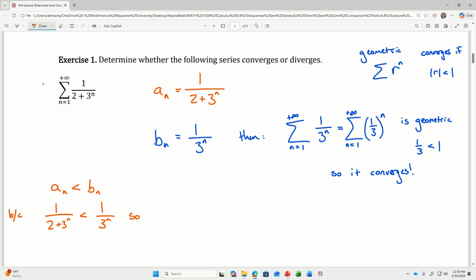So the original series that we care about converges according to the direct comparison test. Or you could just say by direct comparison if you want to.